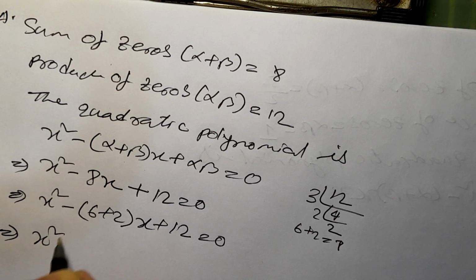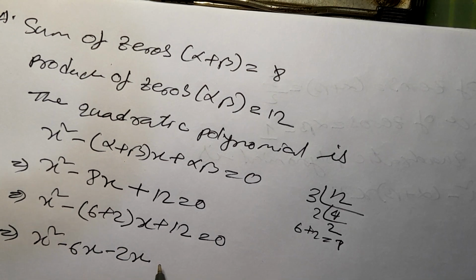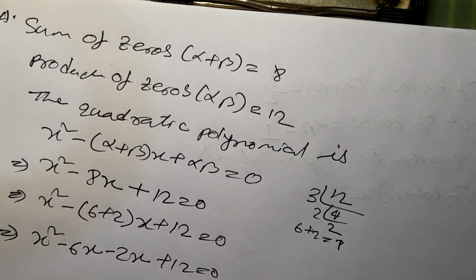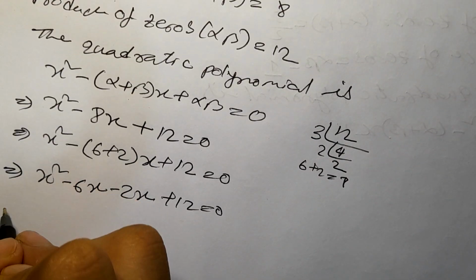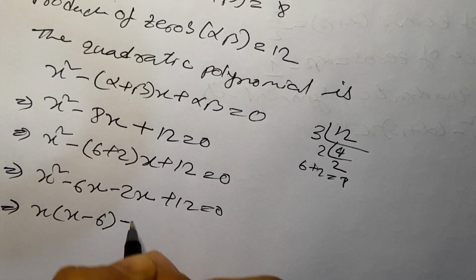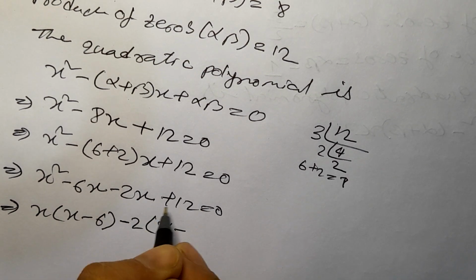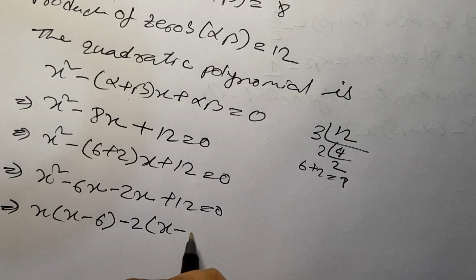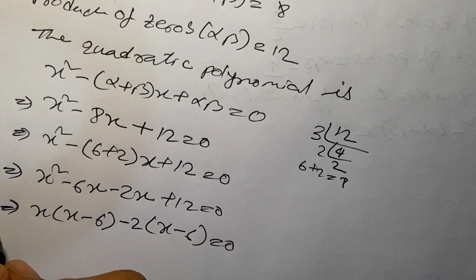So x square minus 6x minus 2x plus 12 equal to 0. Take the common. So it will be x into x minus 6, minus 2 into x minus 6 equal to 0.